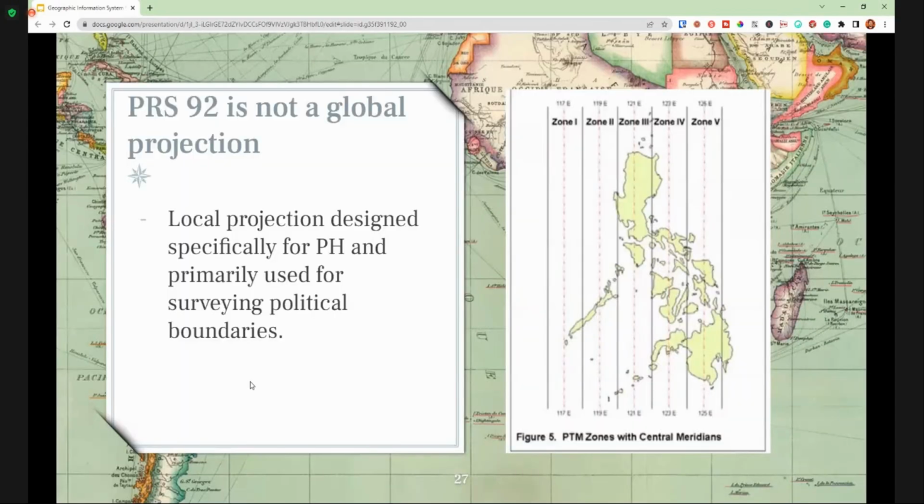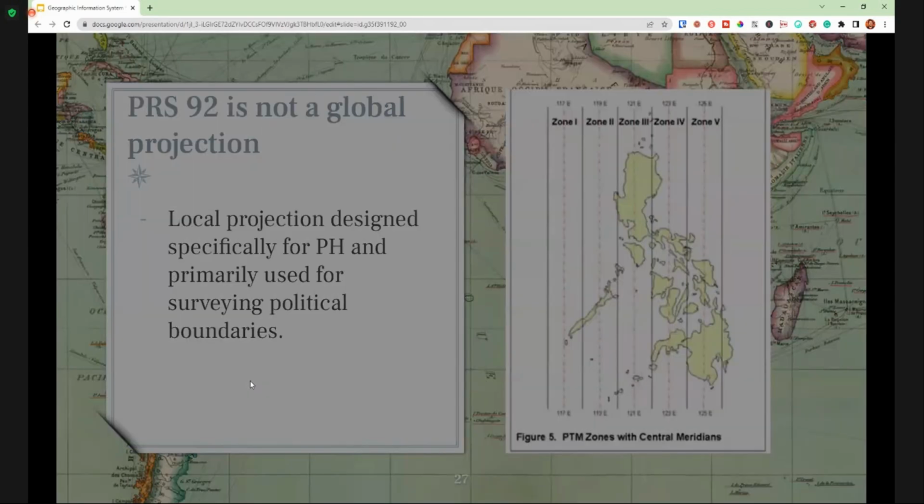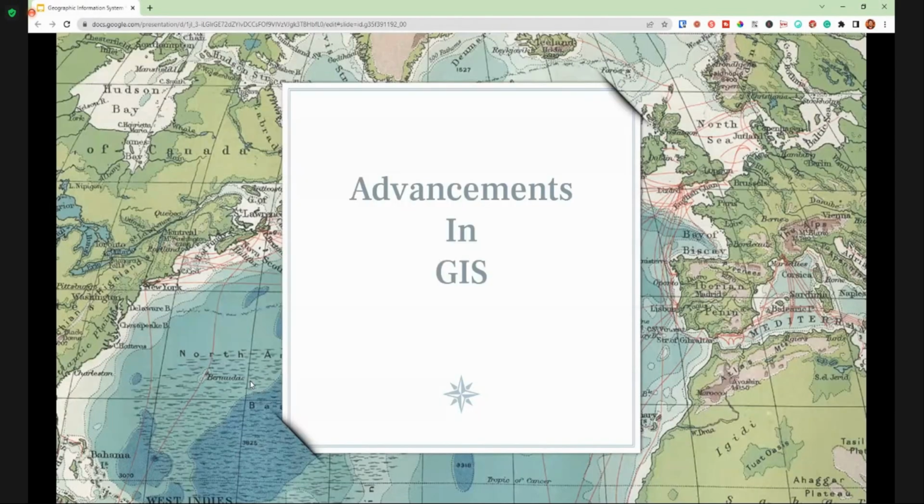So these are some of the basic terms we've encountered for projections and coordinate systems. Now we proceed to the advancements in GIS. A lot of things have evolved since my time, when we would still use version 3.2 of ArcView from ArcGIS.